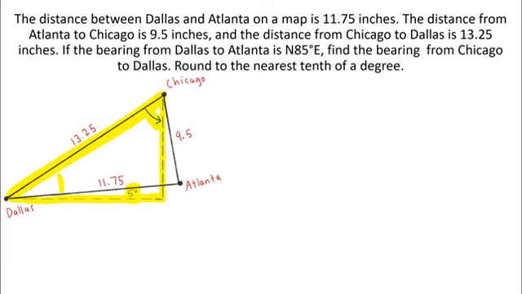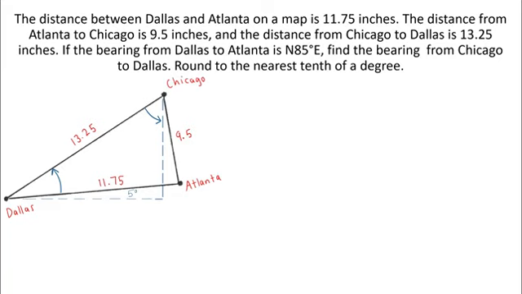So I'm going to start by trying to find the measure of this angle, and then I'll add 5 degrees to that to find the measure of the entire angle of my new triangle. So let's start by finding the measure of this angle.